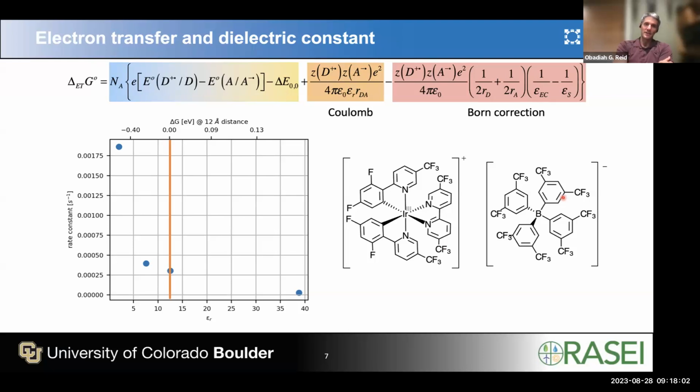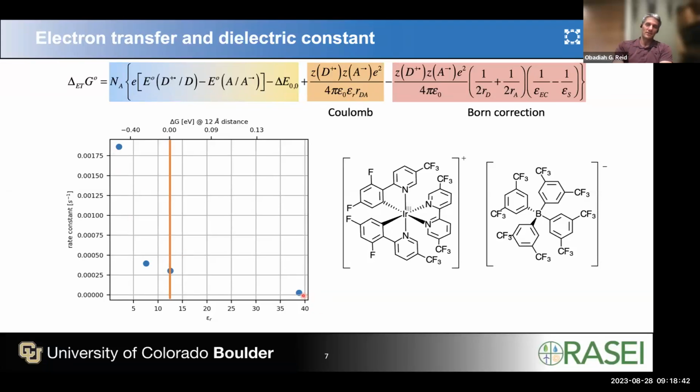And everyone kind of laughed at him, because if you look at this equation, neglecting these two terms, what you find is that the driving force at high dielectric constants that I'm plotting here is positive 150 meV. But it turns out that when you include these terms and the fact that oxidizing the BARF takes you from an ion pair to two neutral species, it actually means that as you decrease the dielectric constant along this axis, the Gibbs energy change for that reaction becomes quite negative as you get into these low dielectric constant solvents.